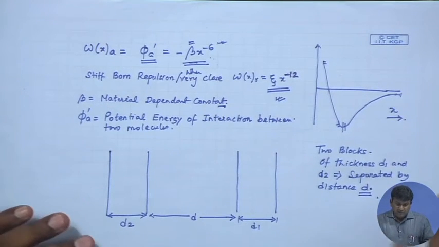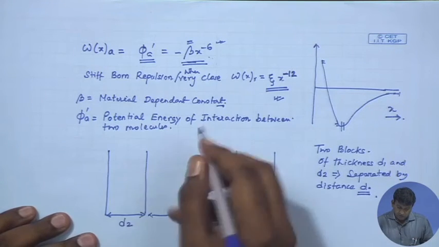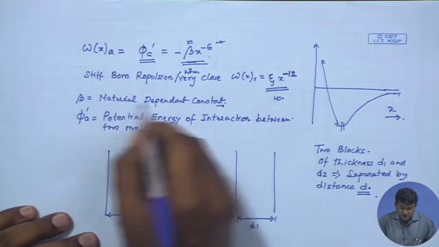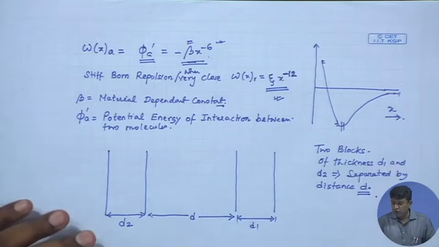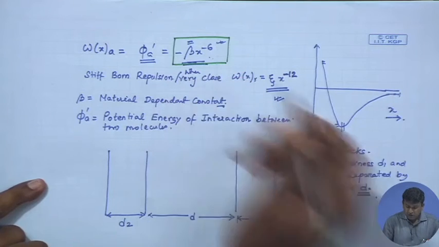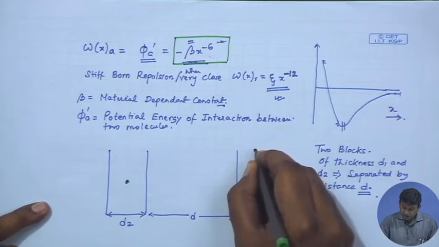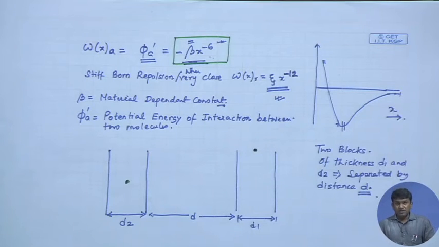We consider a single molecule. We know the potential energy of interaction between two single molecules. So, the idea is that we will take two molecules present within these two blocks.